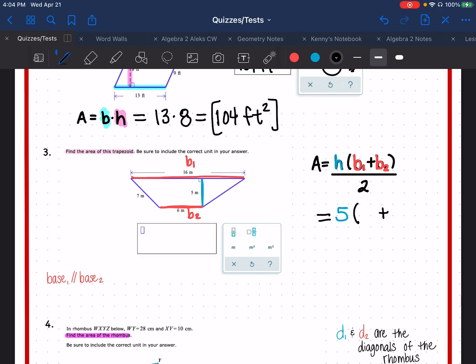Let's see, I'm going to add 16 from the top plus 6 from the bottom. 16 plus 6 and 6 plus 16 are exactly the same thing, so it's okay. And then I'm going to pop that into my calculator, and I'm going to get 55 meters squared.